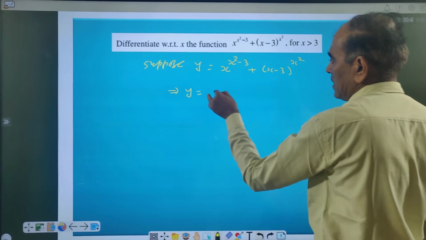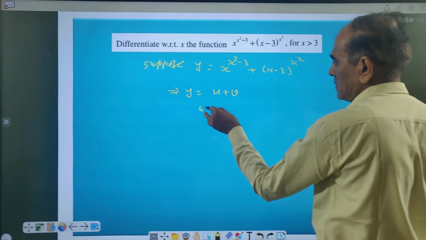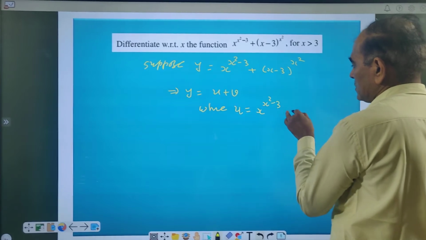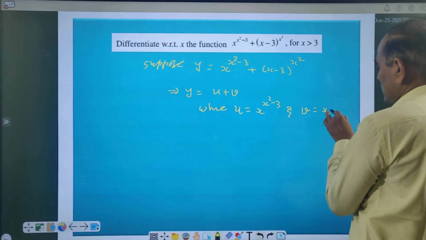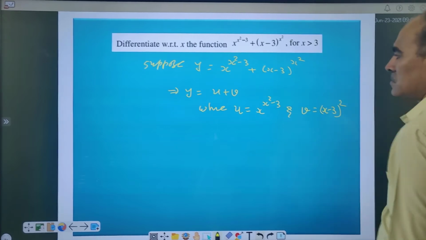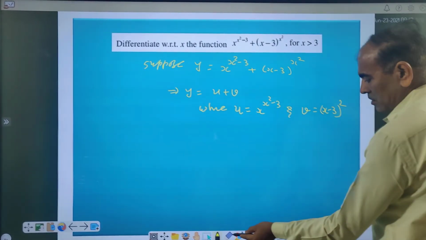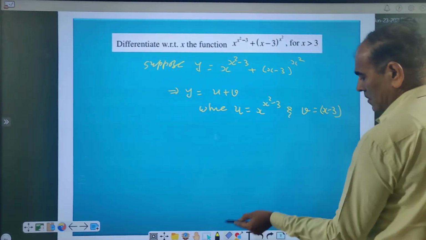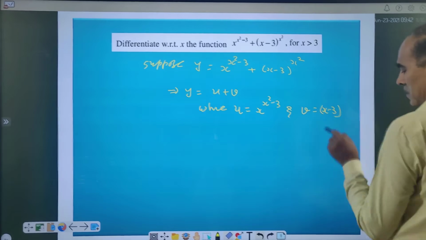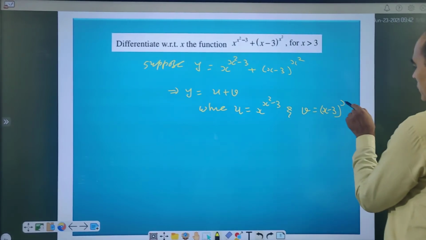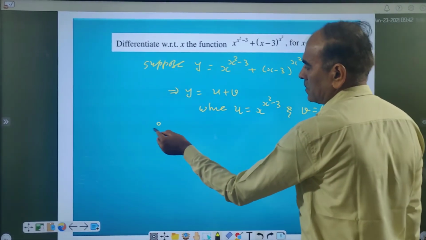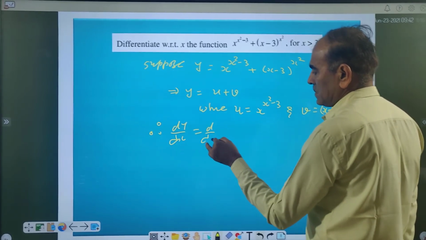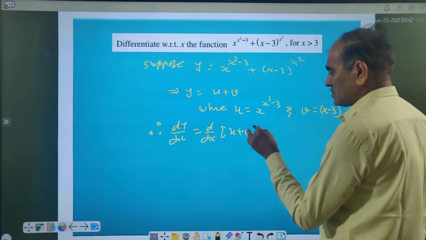This implies y is equal to u plus v, where u is equal to x raised to x square minus 3, and v is equal to x minus 3 whole raised to x square, and therefore dy by dx is d by dx of u plus v.